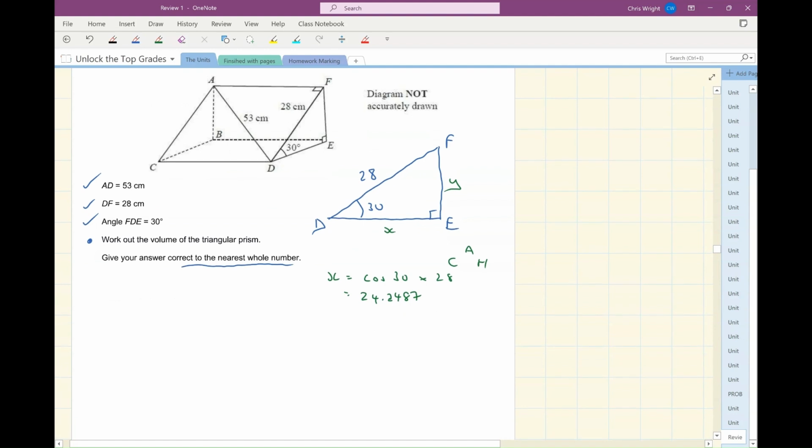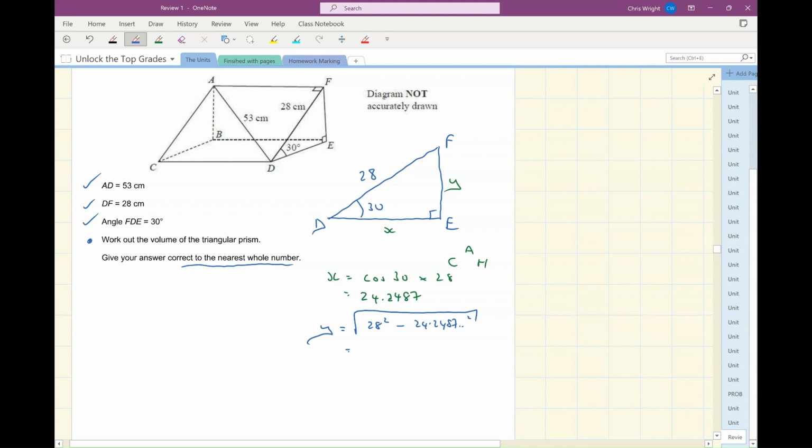Now, how shall I find y? Well, now I know that x is 24.2487. I could use trigonometry, couldn't I? So y will be the square root of the hypotenuse squared, 28 squared, minus x squared, which is 24.2487, etc. squared.